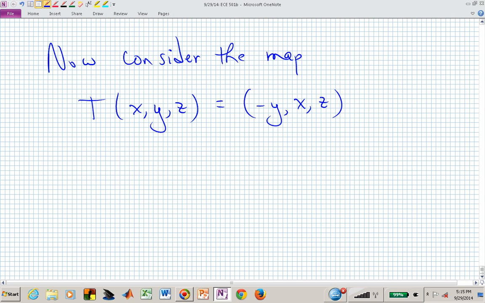Now consider what happens if we look at T, this linear map restricted to U sub 1. If we now say T of 3, 0, 0, where's that point going to be mapped to?